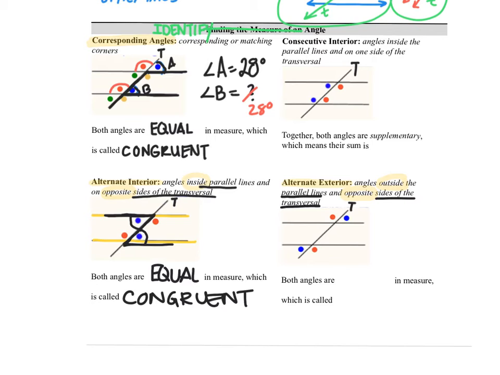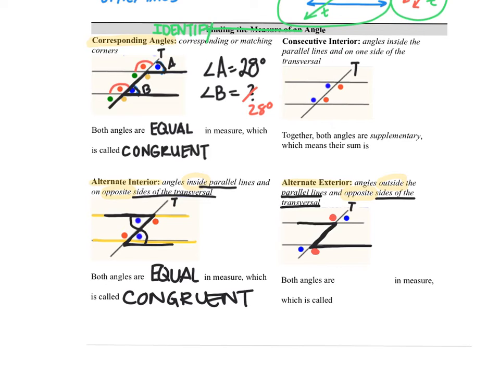In this case, they are outside the parallel and they are completely opposite. Okay, so this one's a little bit trickier again because they're alternate. We can do the Z, right? But in this case, they are on the outside. If you see here and here, they're on the outside of the Z, but they're alternate. They're outside and then on the other side of the transversal, outside of the parallel and on the other side of the transversal.